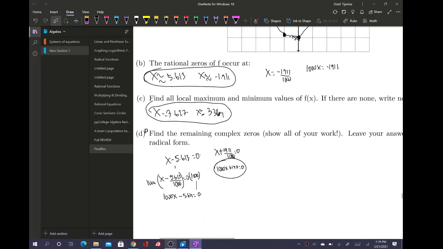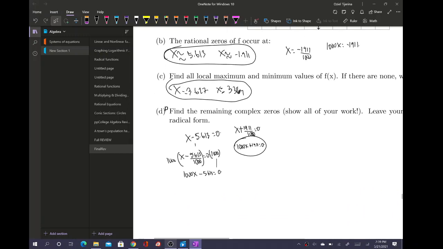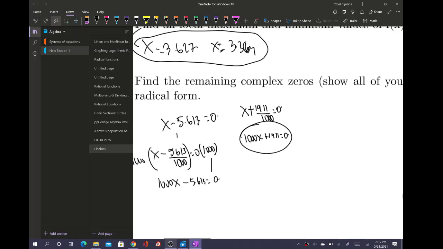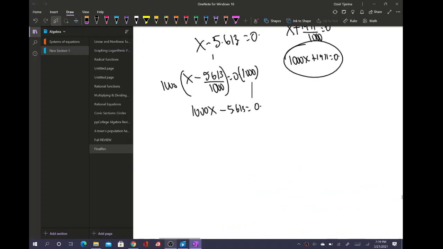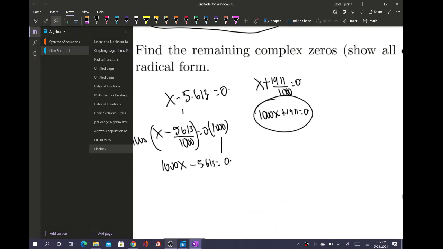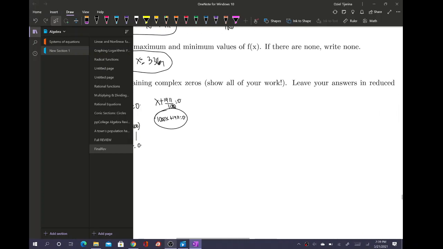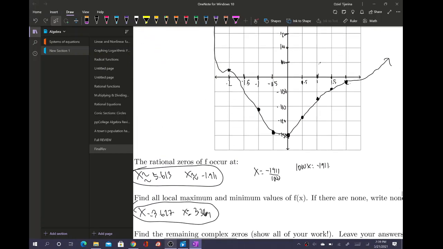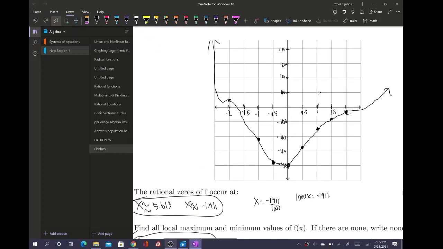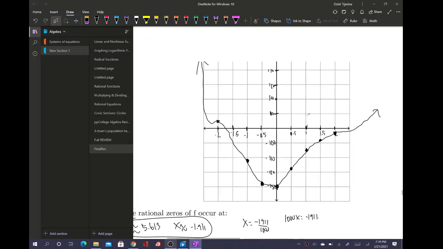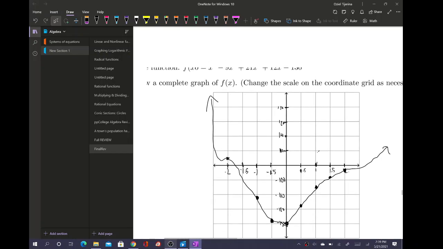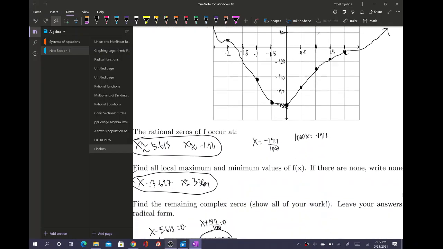Now this fourth one here says they want us to find the remaining complex zeros, because remember that it really has 4 zeros, but it doesn't mean that all of them are real numbers.